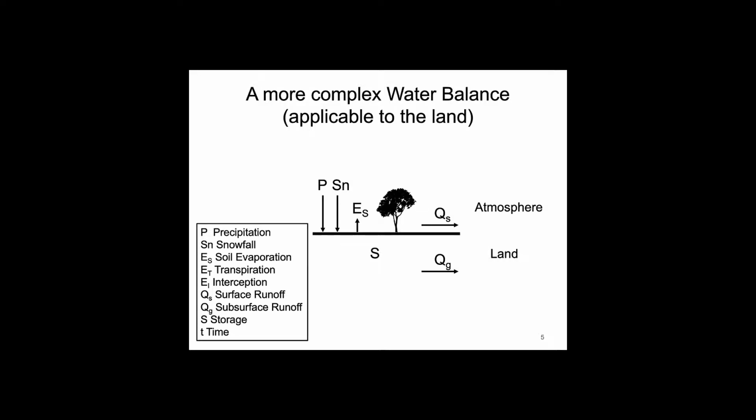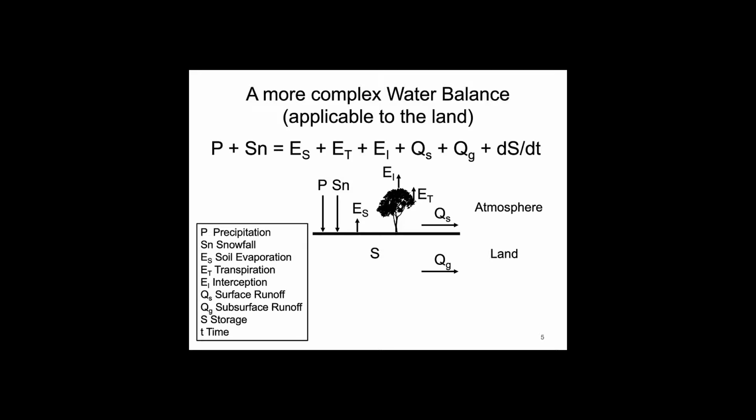Firstly, vegetation can intercept precipitation and snowfall, and affect how much water infiltrates the soil. And that water that is intercepted by the vegetation can evaporate back into the atmosphere, which we refer to as the interception evaporation, EI. But water uptake by the vegetation through the soil can be lost via transpiration from the leaves, which we refer to as ET.